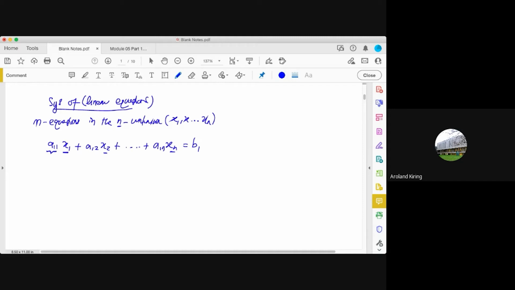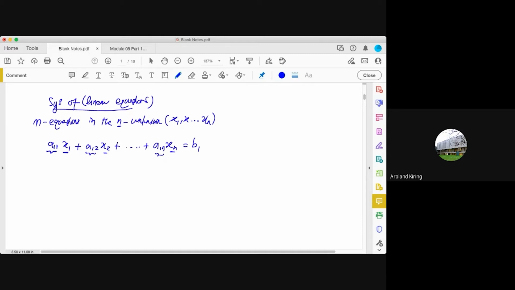So we have coefficient a11, coefficient a12, and coefficient a1n. The subscript here, if you look at a11, refers to the location of this coefficient, and a12 refers to the location of this coefficient.